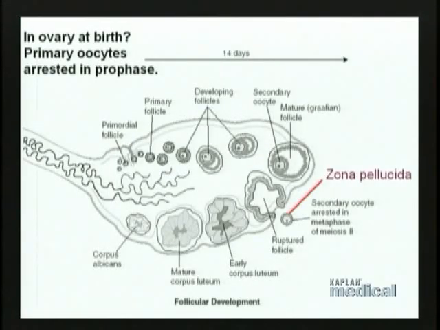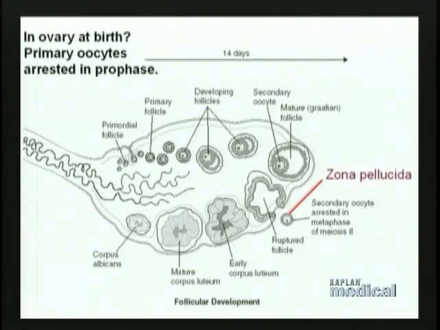When we actually look at the structure of the ovary, we can see in this illustration different stages of ovarian development. But we want to make the point that oogenesis not only begins in utero, but at birth, all of the oocytes are primary oocytes that are arrested in the prophase stage of meiosis I. And they're going to remain in prophase from the time of birth until follicular and oocyte development resumes at puberty.